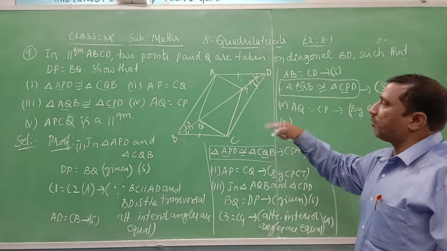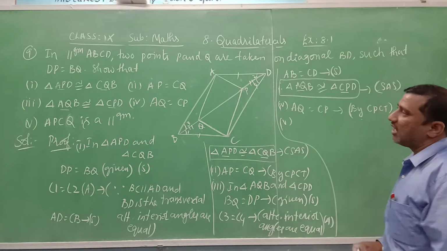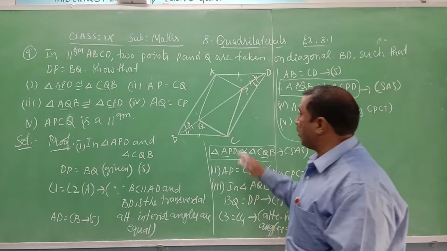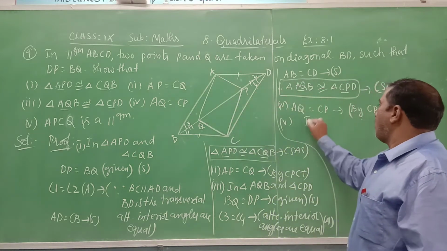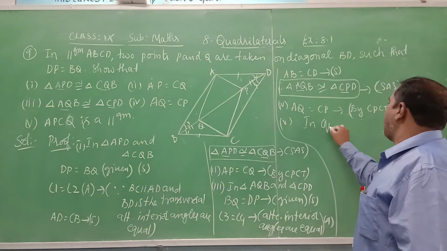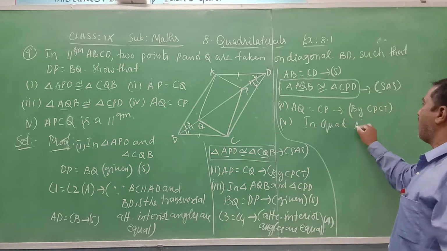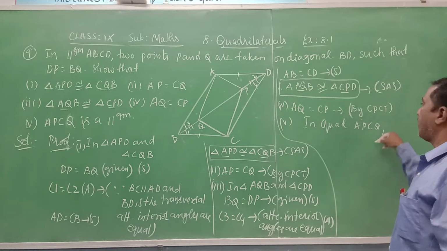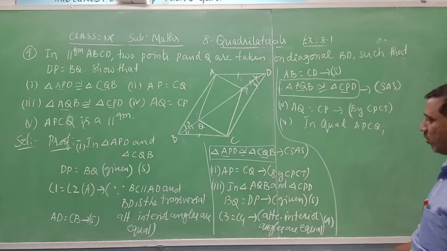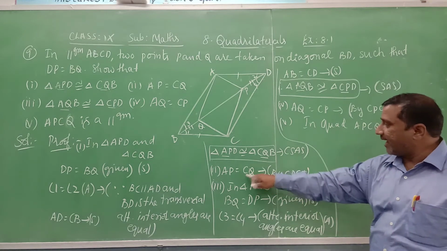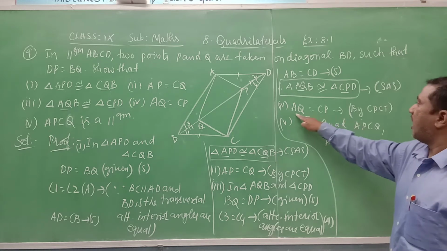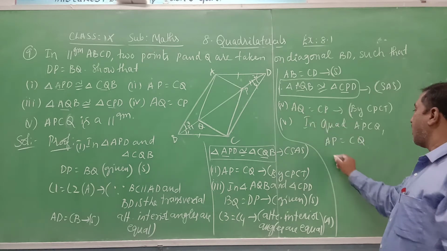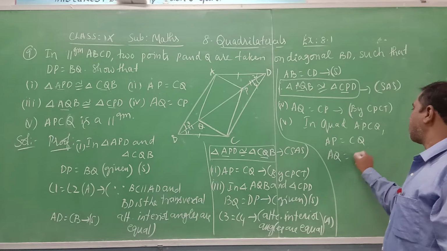Next we have to prove ABCQ is a parallelogram. Now, it is a quadrilateral ABCQ. In quadrilateral ABCQ, the second identity given is AB is equal to CQ, and the fourth result is AQ is equal to CP.